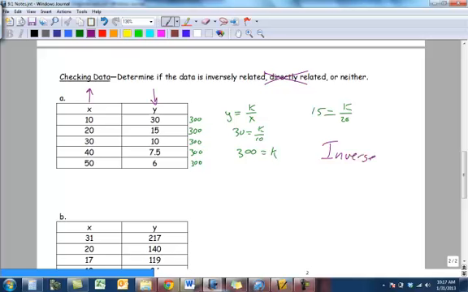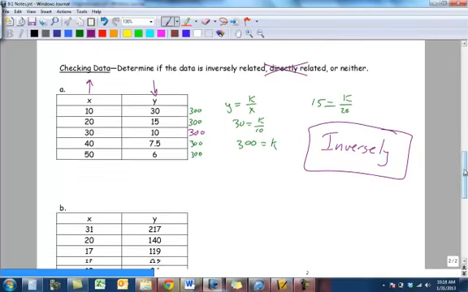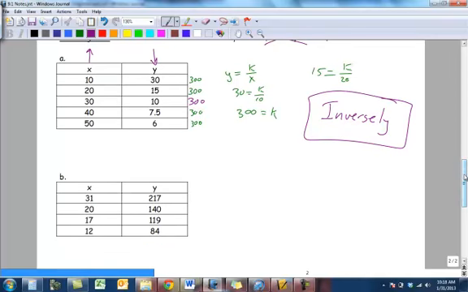Now, if one of these came out to be something like 250 or something different, then it would be neither. But as long as k is the same for all of these, it is inverse.